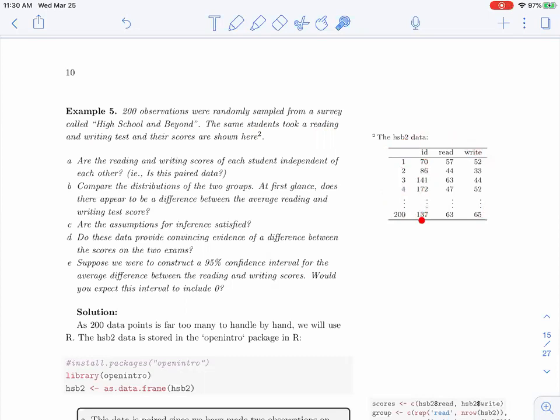That one doesn't matter. We don't really care about that. But then they got their reading score and their writing score. Because we're measuring the same individual twice, we have to take that into account.